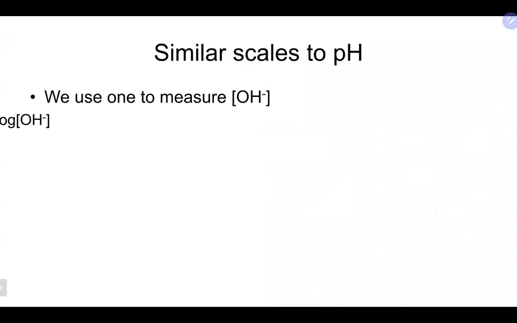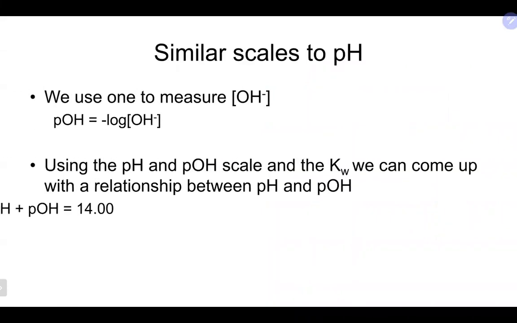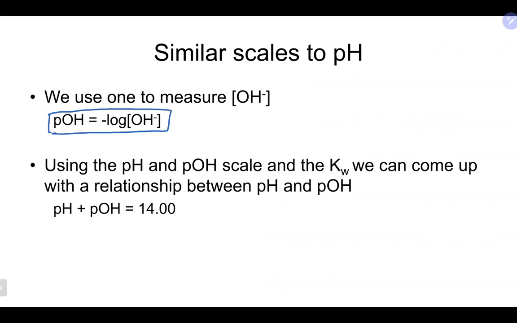All right, so a similar scale to pH, as some of you calculated a second ago, is the pOH, which, as we just saw, can be very useful. For the pOH, once again, you need the OH minus concentration. The relationship between the two is that the pH plus the pOH equals 14.